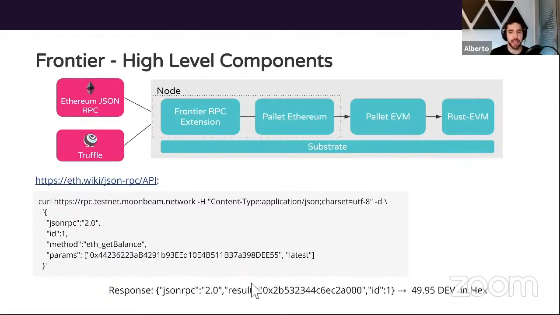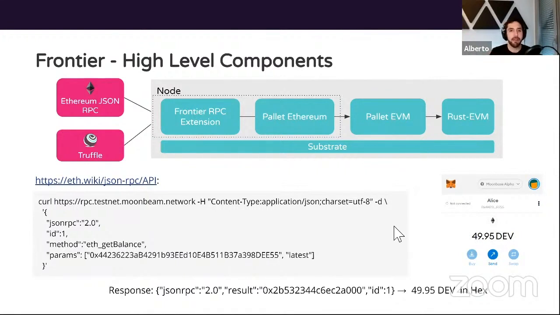And this response is basically this number in Wei and DEV tokens, which is the token of our testnet. And this is basically the same thing you will see in MetaMask. MetaMask, one of the JSON RPC calls that it does is this exact one. But this is against, like I mentioned, a different technology stack, which is Substrate.